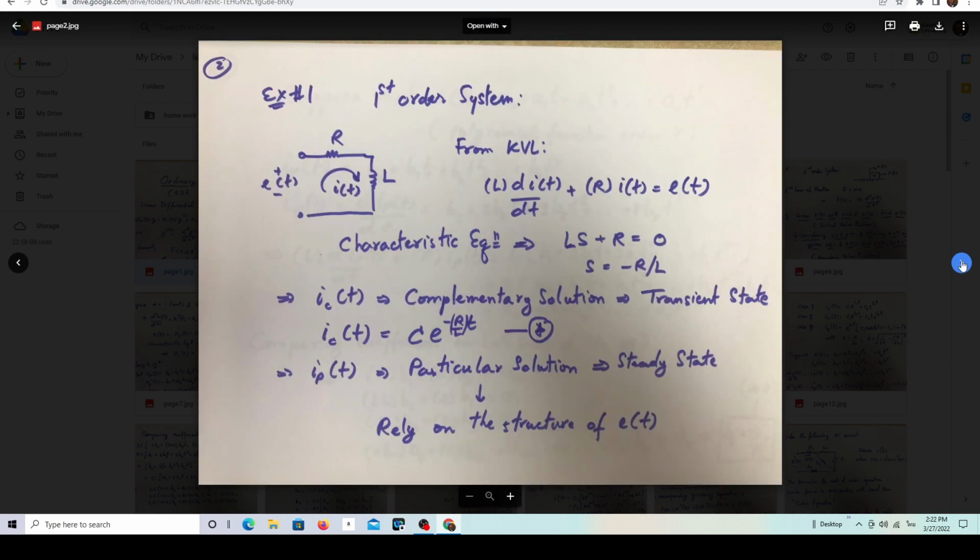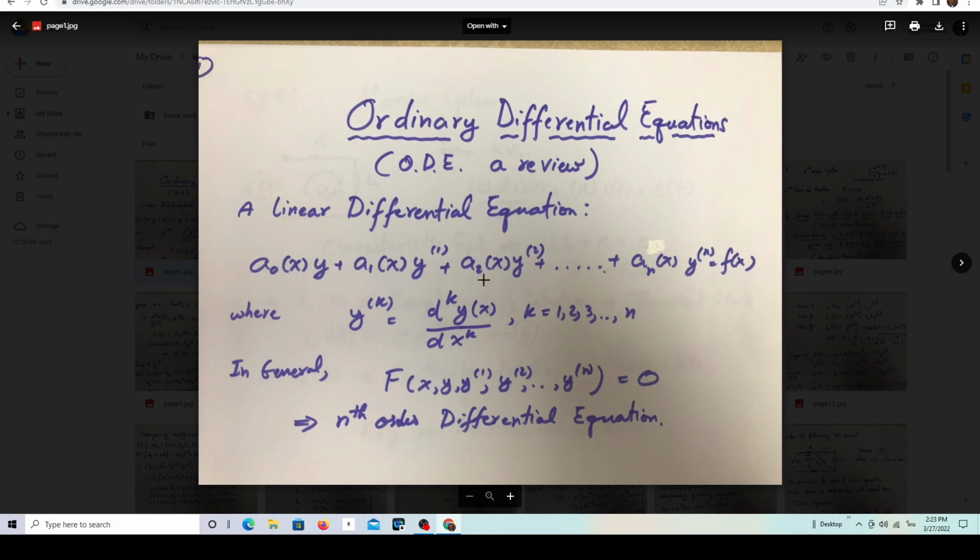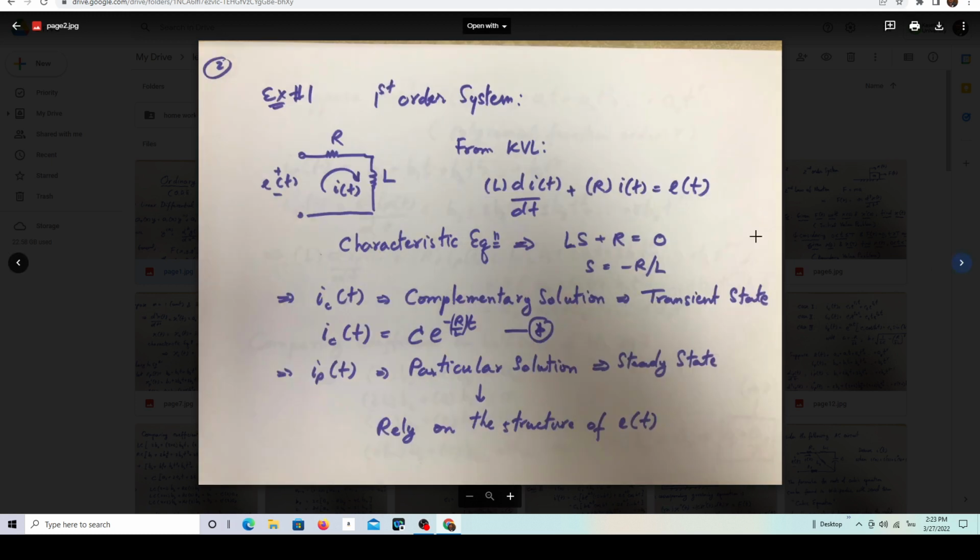Since I expect that you have studied some basic physics, mechanics, and electrical circuits, we're going to apply this linear differential equation form with an example.